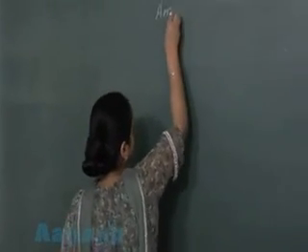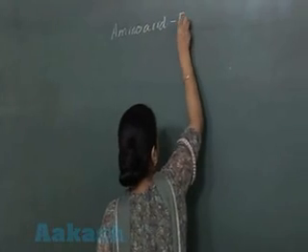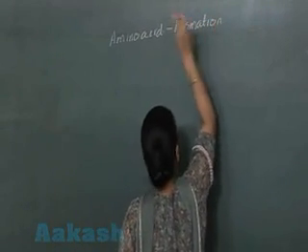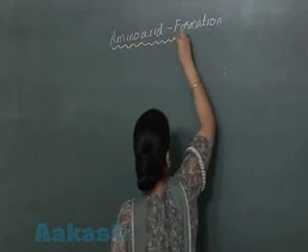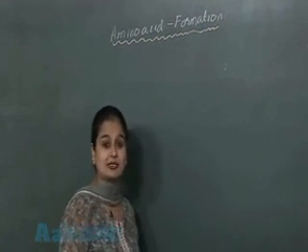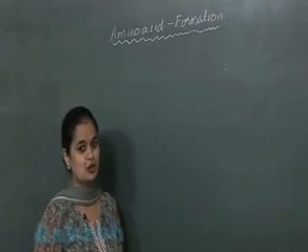So now amino acid formation. In the amino acid formation, I will be discussing two methods here. One is reductive amination, the other one is transamination.